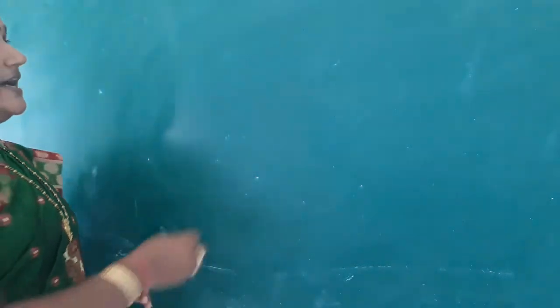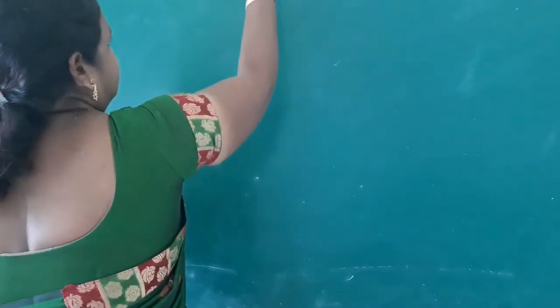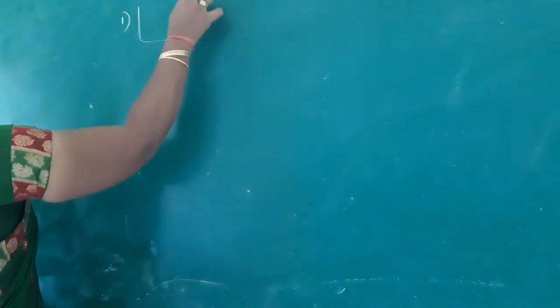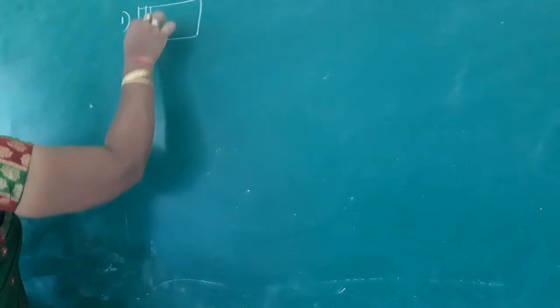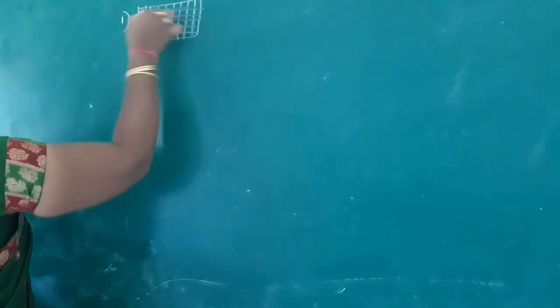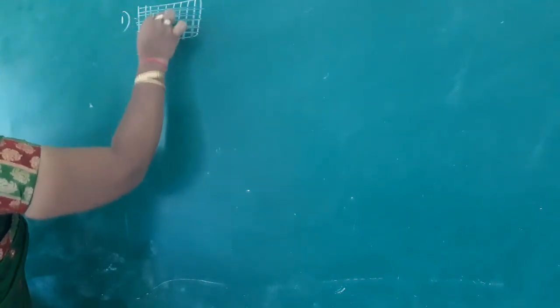Firstly, exercise 1.1. Okay children, look at that. They have given boxes with 100, 10 by 10 boxes. Each one having 100.